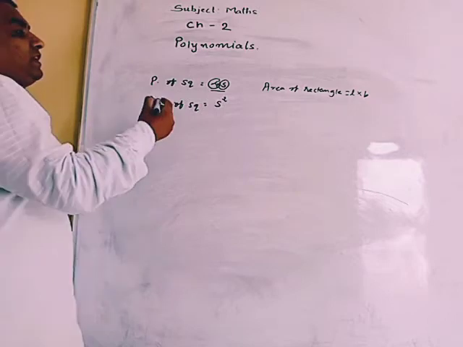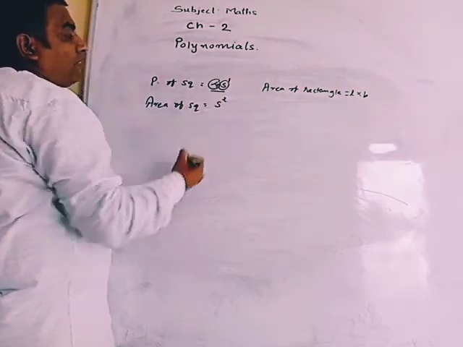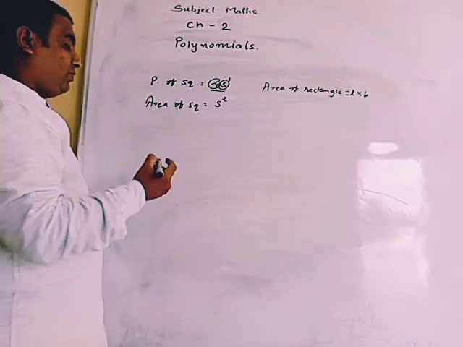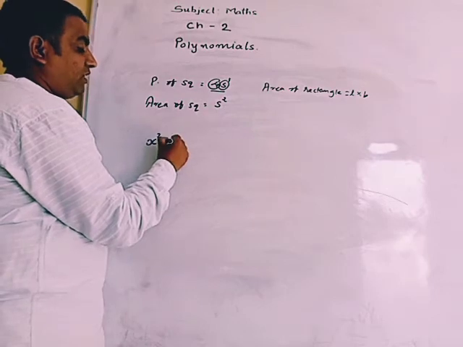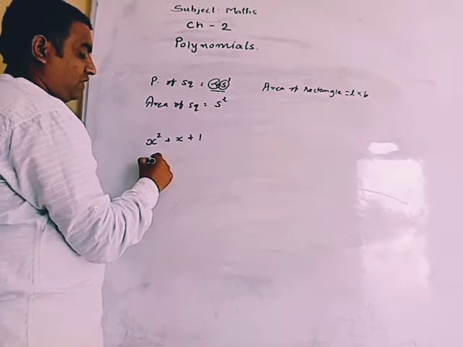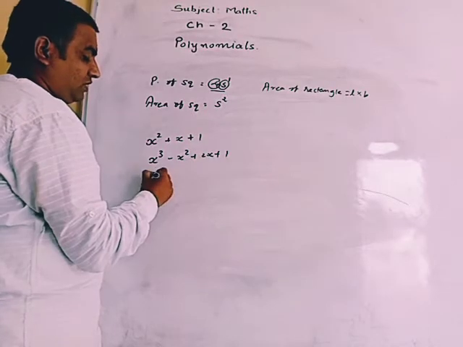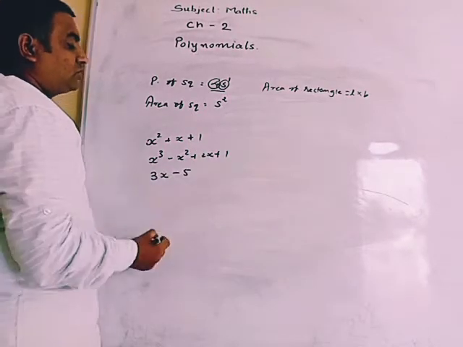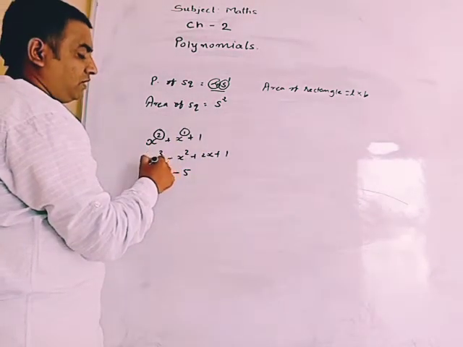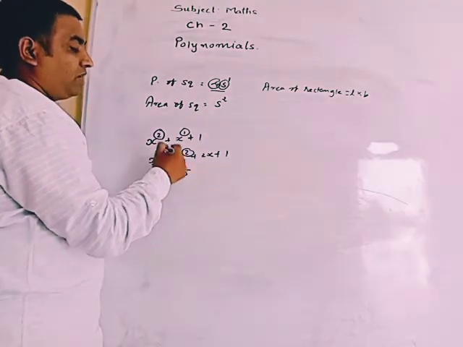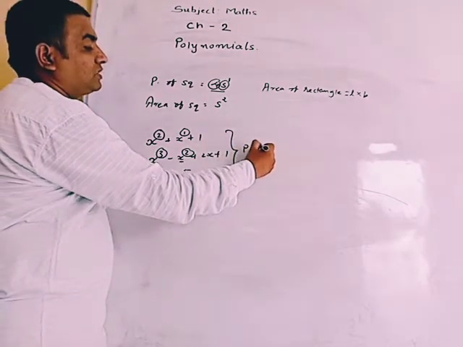So any algebraic expression we see which has whole number powers is known as a polynomial. Like here we write x square plus x plus 1, x cube minus x square plus 2x plus 1, 3x minus 5. So in this the degree, the power of the variable term, is a whole number, and so they are known as polynomials.